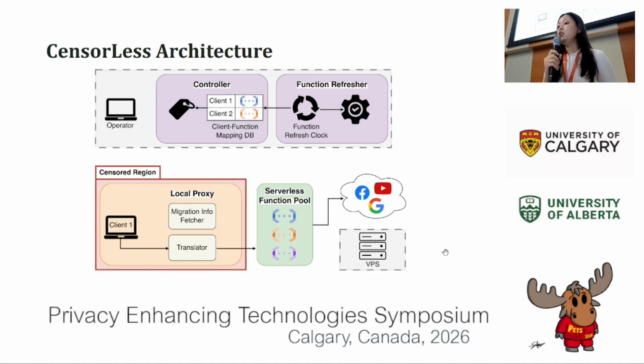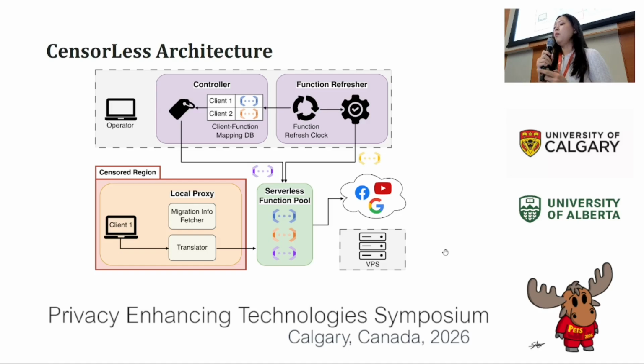Meanwhile, the function refresher clock periodically triggers the function refresher and the controller, and the function refresher generates a new Serverless bridge and retires the old one. And the controller periodically rotates the Serverless bridge by tagging the next Serverless bridge URL to the current one.